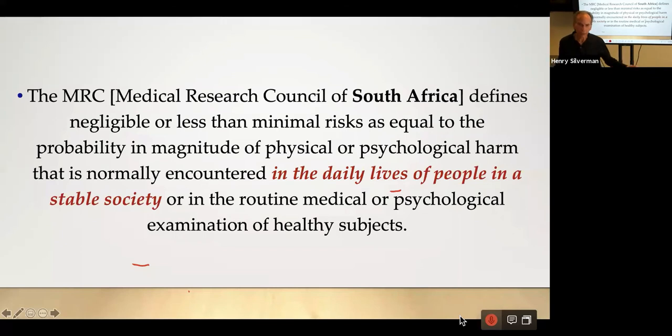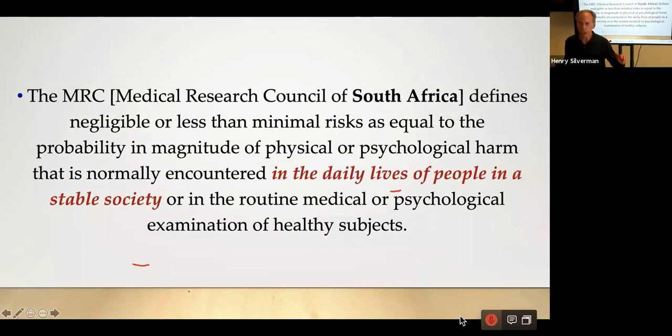So, if you're going to link it to the daily, normal, routine daily life risks, if you go to a war zone, call it Syria, southern Lebanon, what have you, those daily life risks are going to be greater than minimal risk.